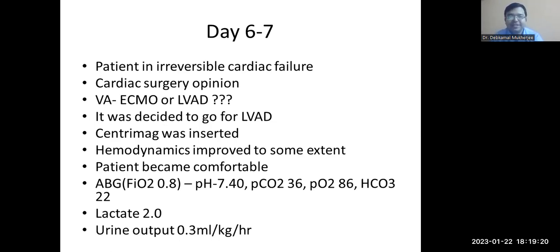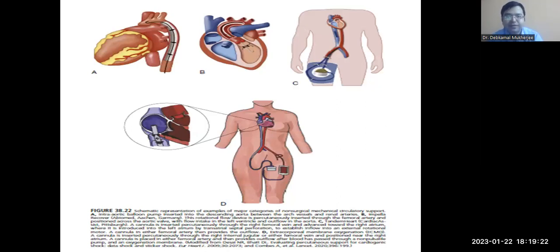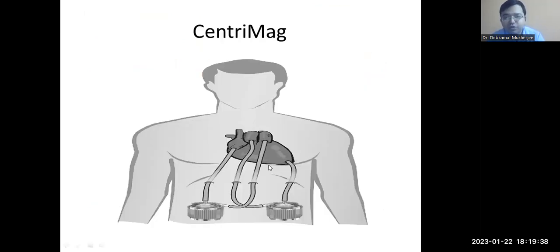So basically, when we come to mechanical circulatory support devices, these are the things available: IABP, Impella, then a TandemHeart, or VA ECMO. The device which we chose was CentriMag. This CentriMag is basically biventricular support.